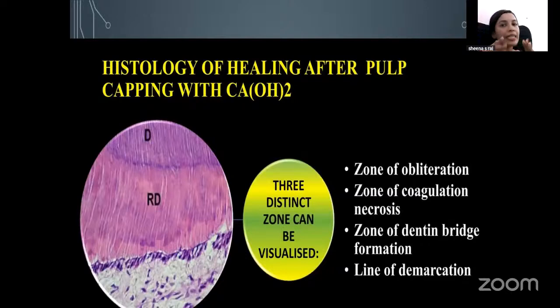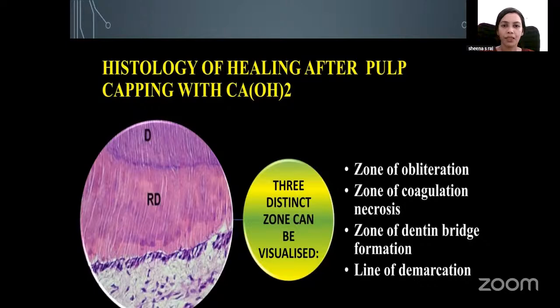You should memorize this as OCDL: O is obliteration, C is the zone of coagulation, D is dentinal bridge formation, and the last is the line of demarcation. This is how we see the healing once we place calcium hydroxide. This is the image.